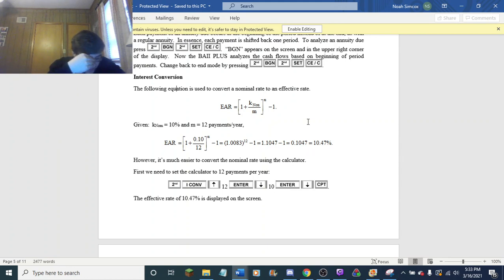Icon. Second icon, go up to 12. Now go up to the number of payments. Enter 12 for the number of payments and 10 for the nominal rate, and it converts it from the nominal rate to the effective rate. So that's actually easy.